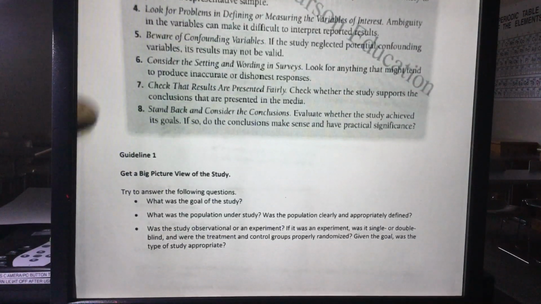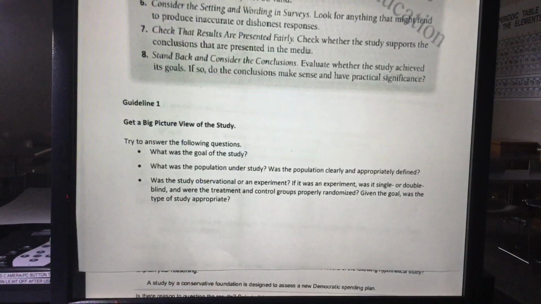The first guideline states, get a big picture view of the study. And that is, you want to try to answer the following questions. What was the goal of the study? What was the population of the study? Was the population clearly and appropriately defined? And was the study observational or an experiment?